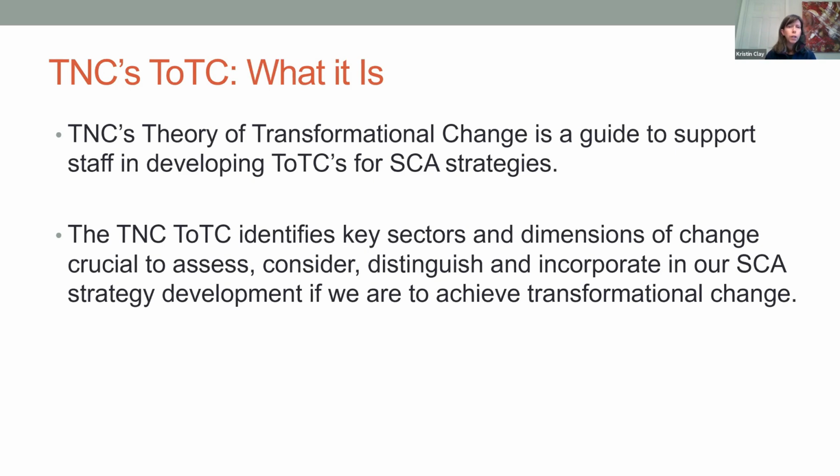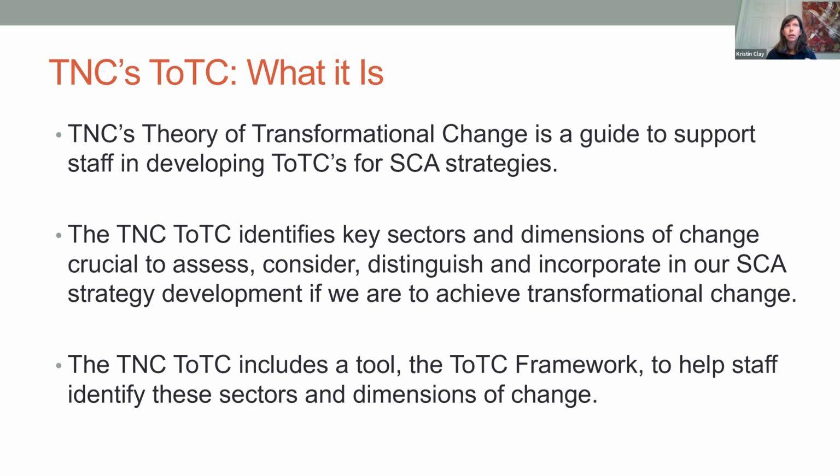Not that we don't always think about those, but just to really put it out there to make sure that we're thinking across the broad spectrum of sectors in a whole system and all the kinds of change that we need to look at, and that we're looking at how to achieve transformation across all of those. And as I said, there's a narrative document which has just been updated. So that's the guide part. And then there is a framework, a 3x3 template that I will show you that is a tool to help think through these different sectors and dimensions.